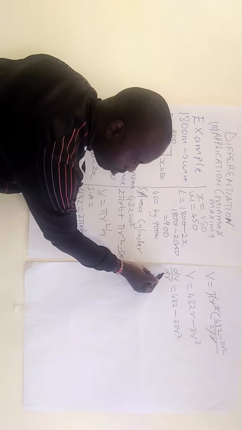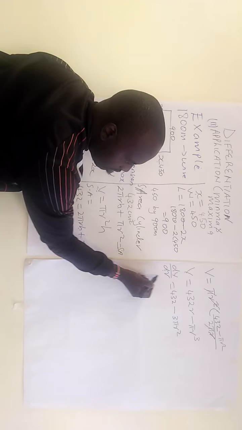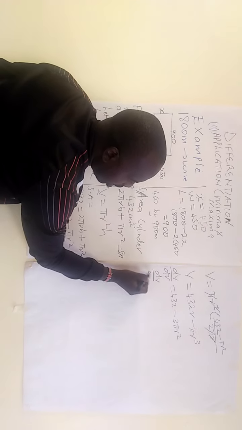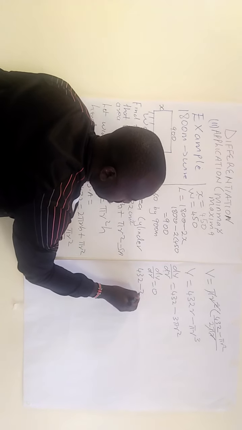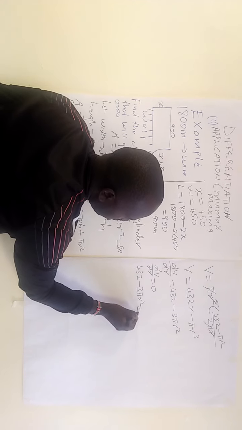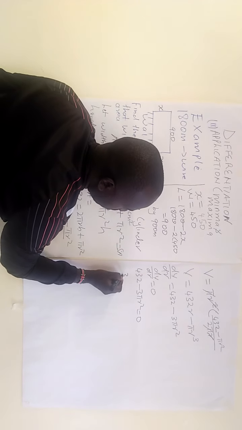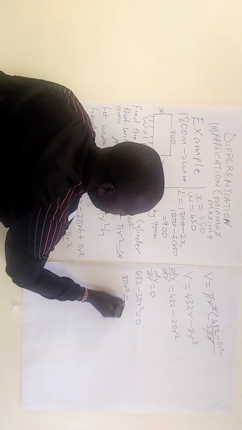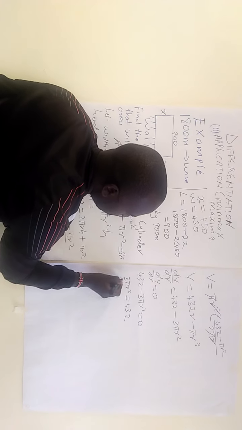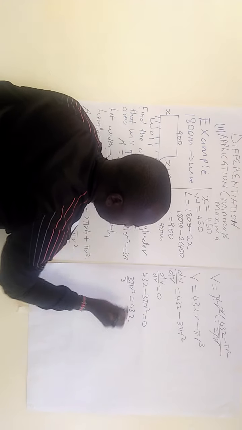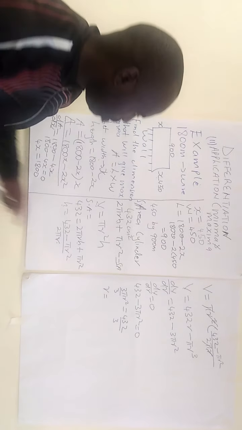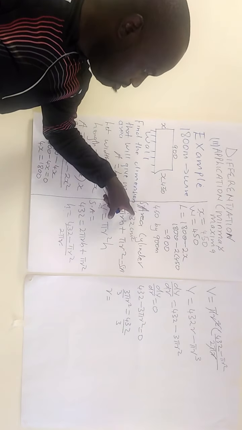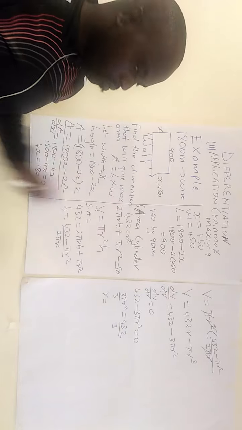We know that at maximum, this derivative is 0, so dV/dr is equal to 0. So 432 minus 3 pi r squared is equal to 0, so 3 pi r squared is equal to 432. You can divide it, then you will be able to get your value of r, and that will be the radius that will give maximum volume.